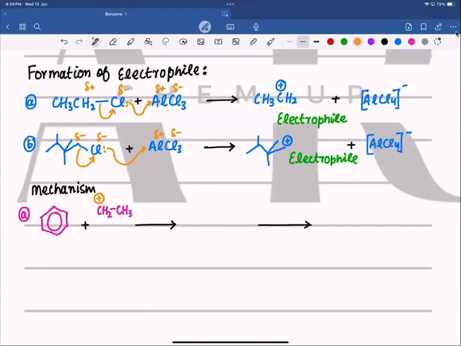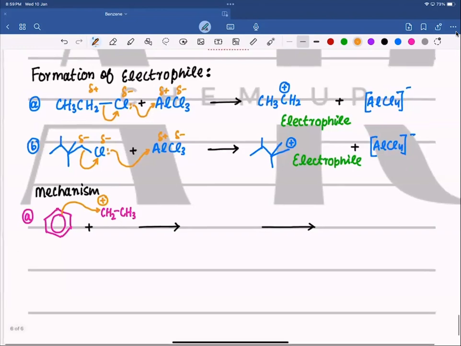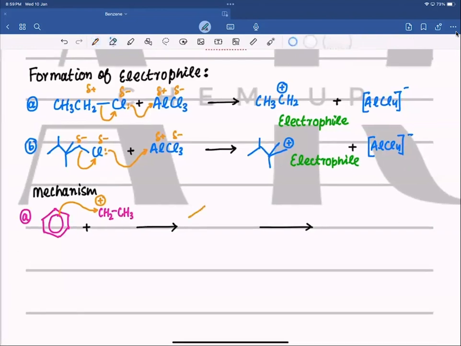Now, what will happen? Benzene will attack this positively charged carbon from its pi bond, and as a result an intermediate is formed.